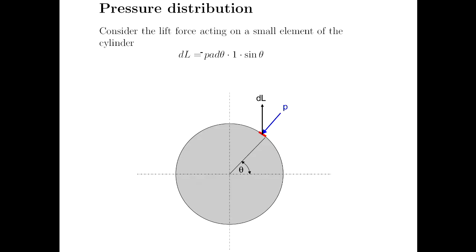A is the radius of your cylinder, and 1 is just a unit depth because this is a two-dimensional problem. Times sine theta, because you are only looking at the vertical component of the force. That's why you multiply it with sine theta.